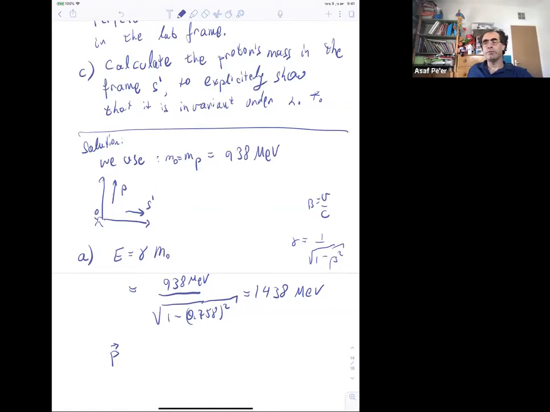What is the momentum of the proton? One at a time. What is the momentum in the x direction? What is the momentum in the y direction?